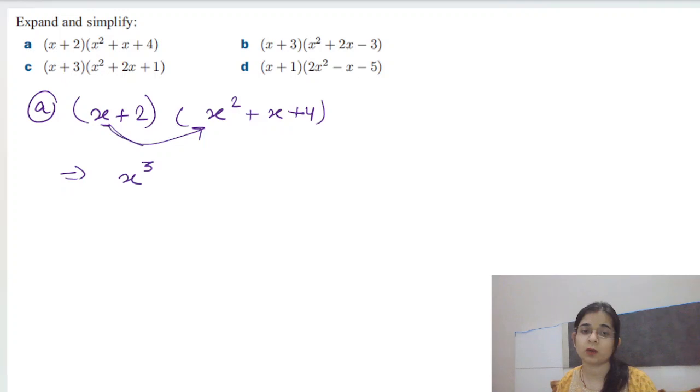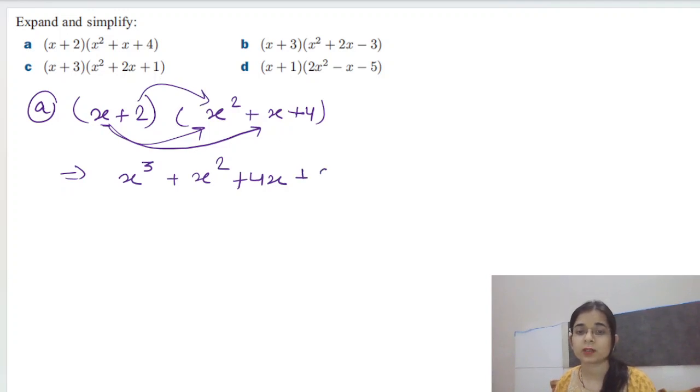Using the exponent law, exponents will get added, 1 and 2, 3. x into x, x square, and then x into 4, 4x. Now use this 2, you will get 2 into x square, 2x square, 2 into x, 2x, and 2 into 4, 8.